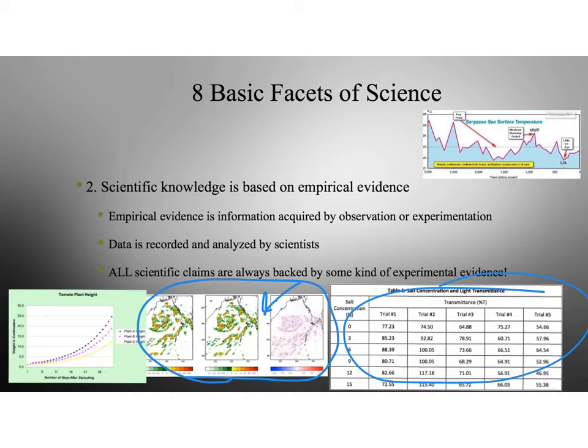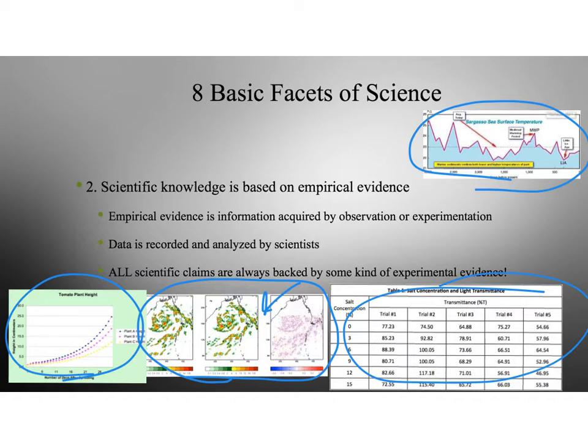Whatever kind of data you have, a really good way to represent that data might be in a graph. Okay, so like here, the Sargasso Sea surface temperature over the years is put into a graph so you can see the highs and lows and the general trend of what's going on. Same thing over here, after sprouting, how tall this tomato plant gets over time. So data is super important to scientists.